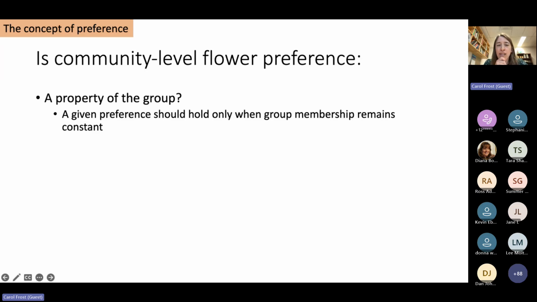But now we have the question, is community level flower preference a property of the group? If that's the case, a given preference by a pollinator community should only hold when group membership remains constant. So if in another year you have different abundances of the species making up that community, does that mean that the community's preference will change?